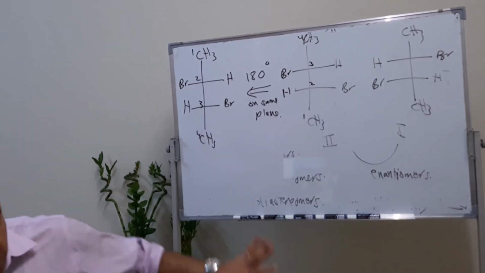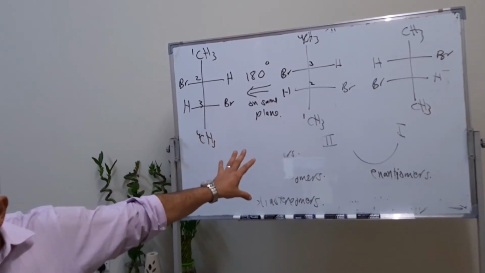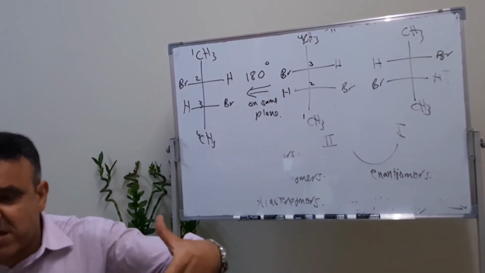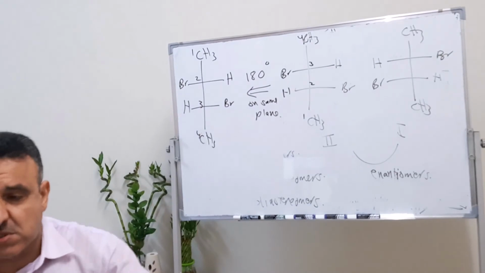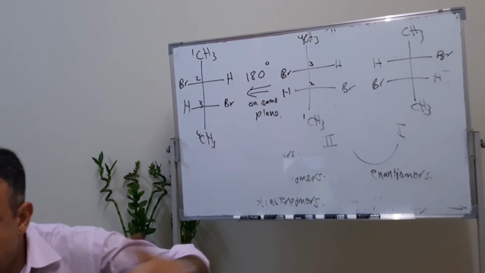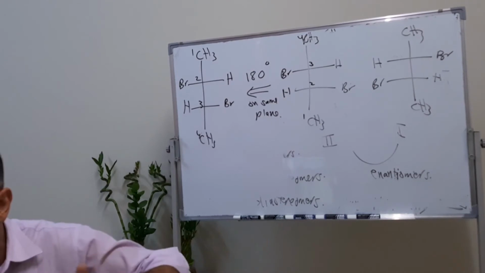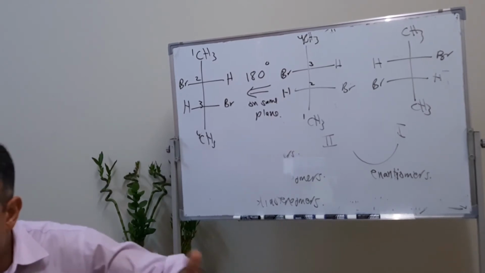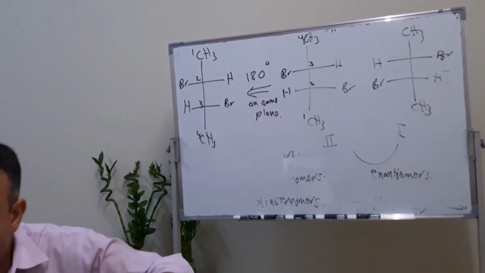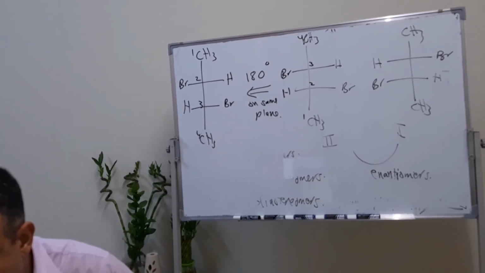All we have is the two-dimensional drawing on the board or on paper, but we must try to imagine the structure in three dimensions in order to answer the question: are these two mirror image structures superimposable or not? If they are superimposable, they are the same. If they are not superimposable and yet they are mirror images, that means they are enantiomers. Got it?